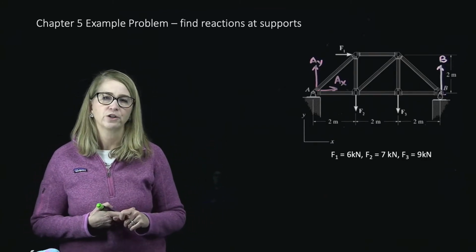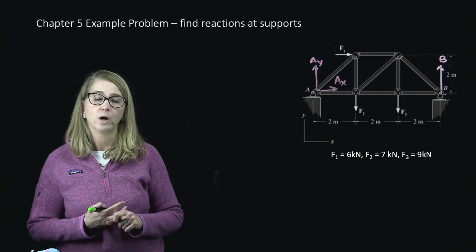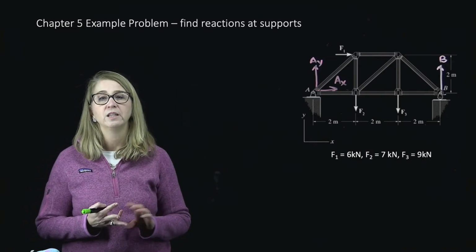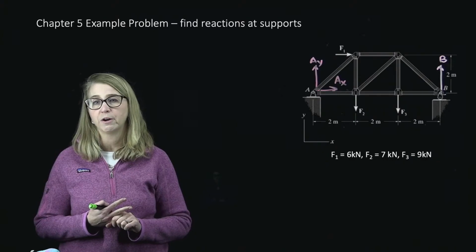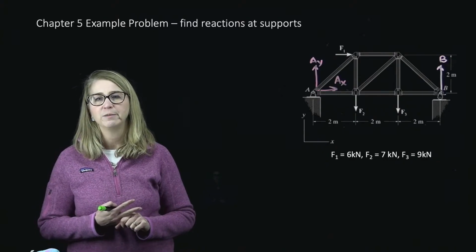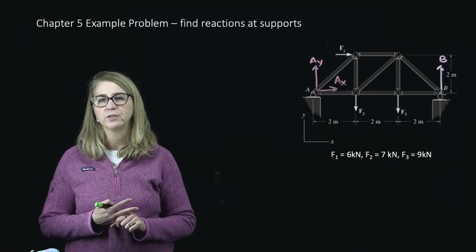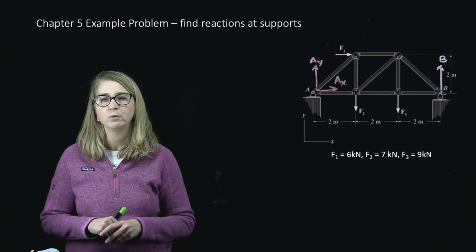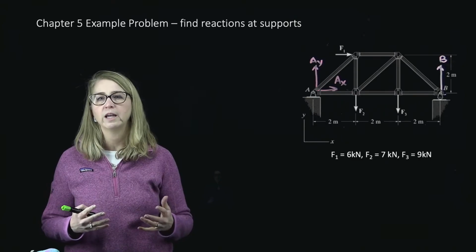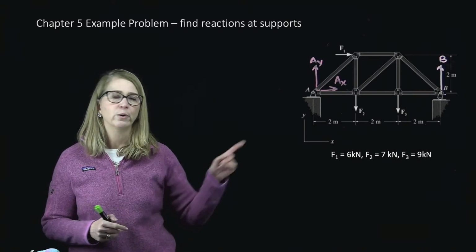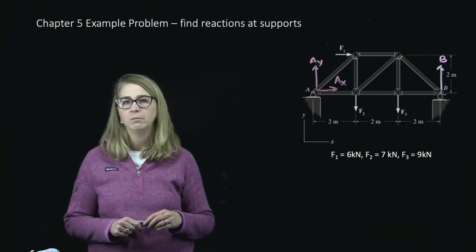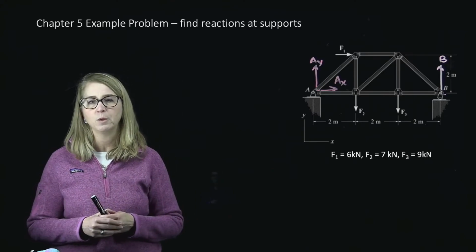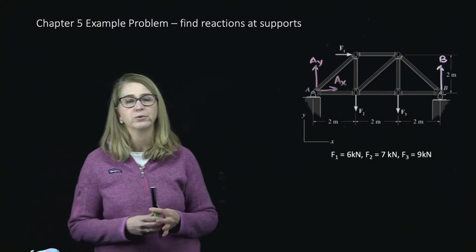Forces in the x direction equal 0, forces in the y direction equal 0, and then moments about any point are 0. Mathematically, because I only have three equations that I can apply in this 2D problem to equilibrium, I can only have three unknowns. So I couldn't put a pin at B because then I would have a BX and a BY. I'd have too many unknowns.